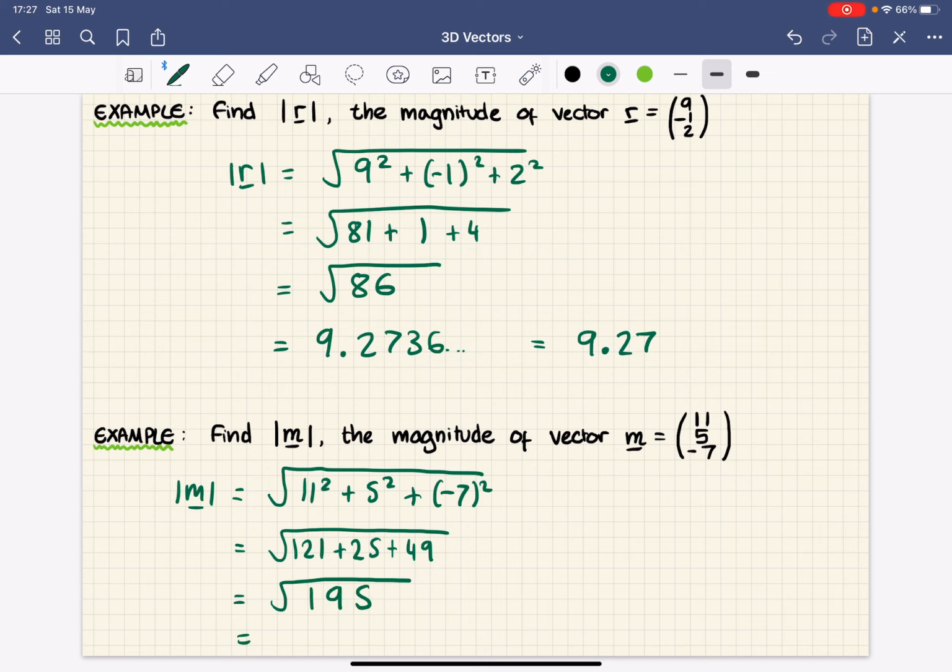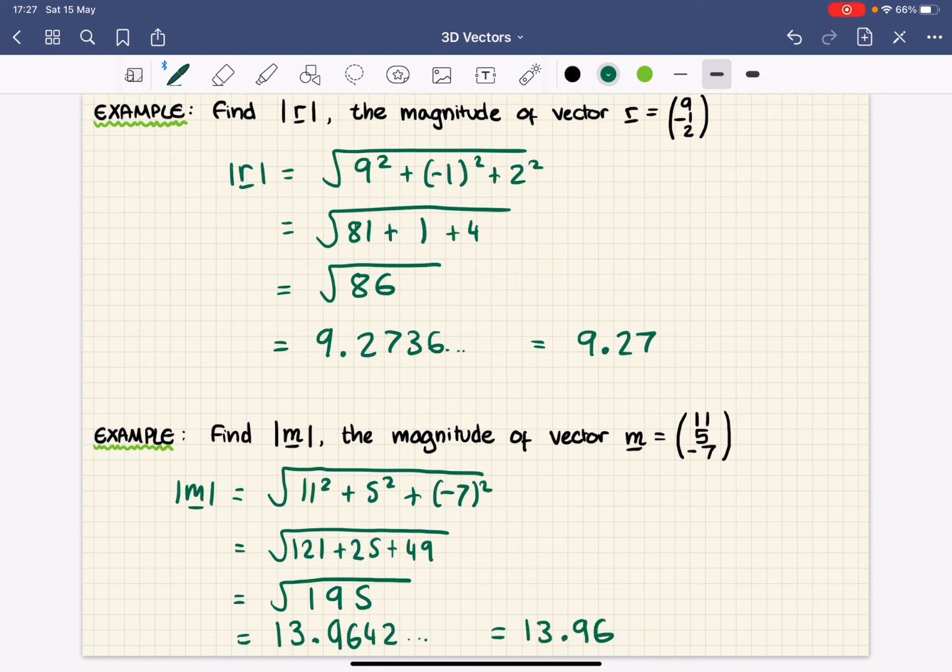Putting that into my calculator, it comes out as 13.9642 and so forth. And so that rounds to 2 decimal places as 13.96.